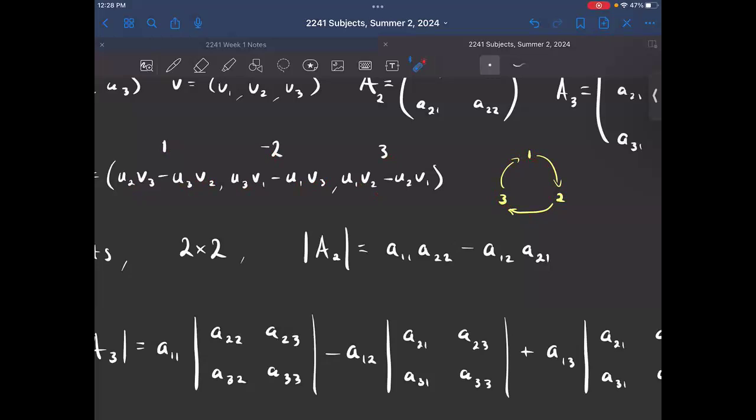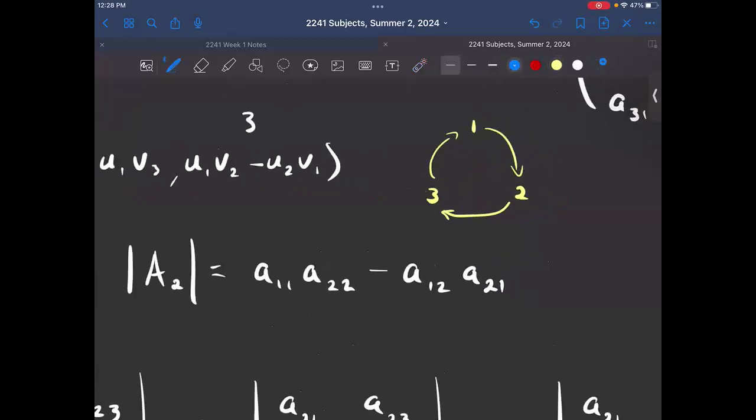So maybe another way to think of it even is let's put some other arrows in here. Maybe we'll put these ones in blue. So these arrows go backwards now. So going forward, you have 1 and you see 2 and 3. And then for the minuses, you have 1 and you see 3, then 2, in blue. For 2, you see 3, then 1 going forward.